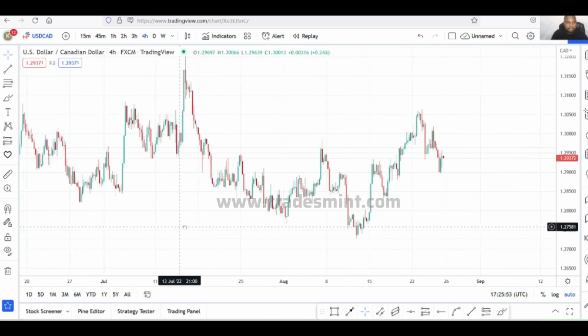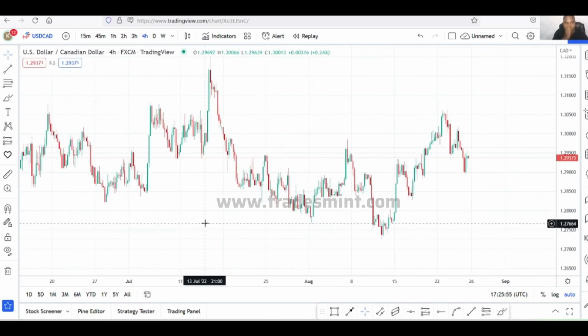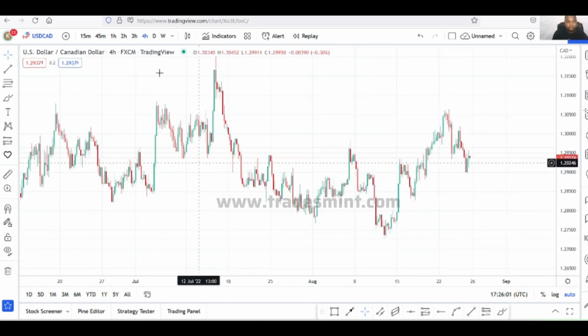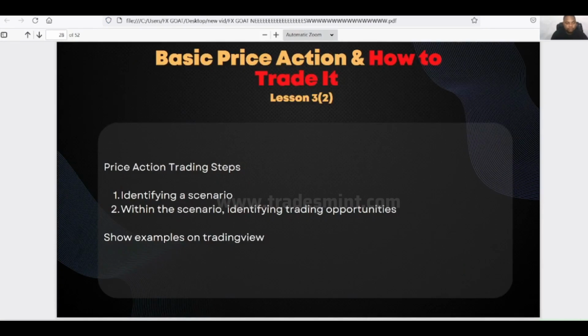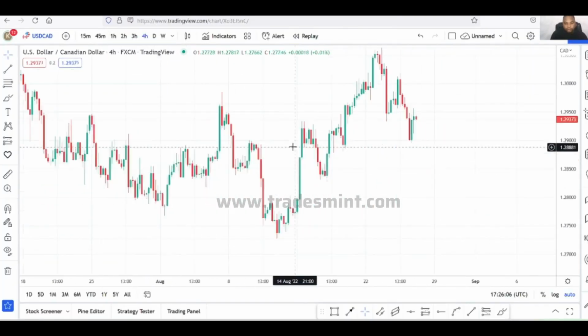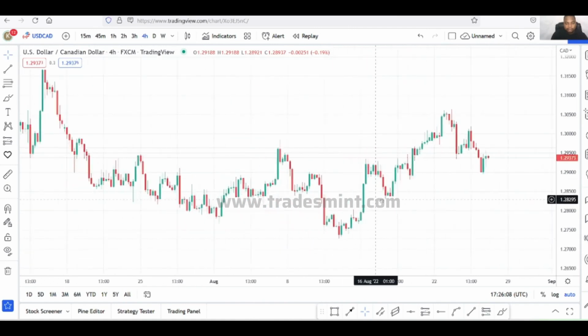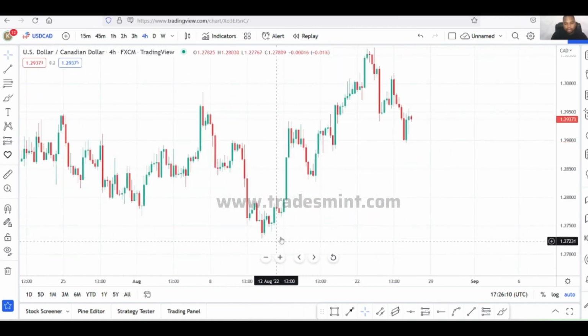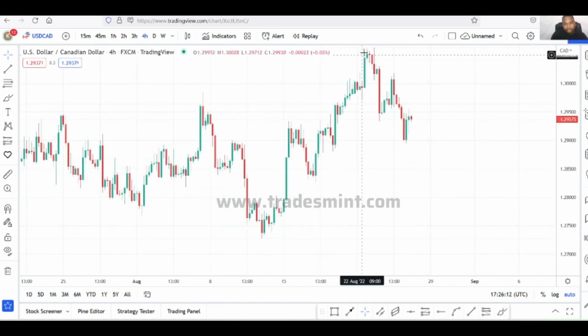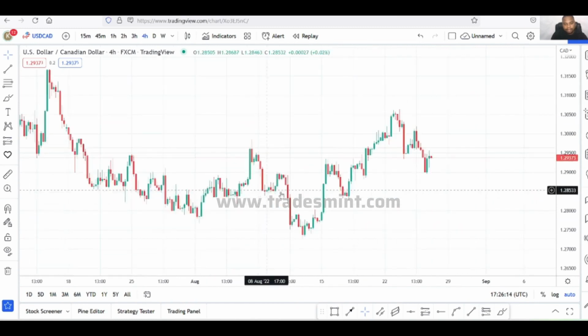As you can see, it's USD CAD. It's the United States dollar against the Canadian dollar. So the first thing that we have learned from a previous slide is that you identify a scenario. So there is a scenario, you are looking at it, you are seeing that, oh wow, it's really a bullish momentum that is taking place at the time and moment.